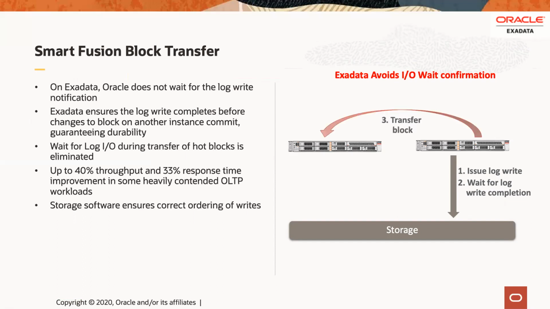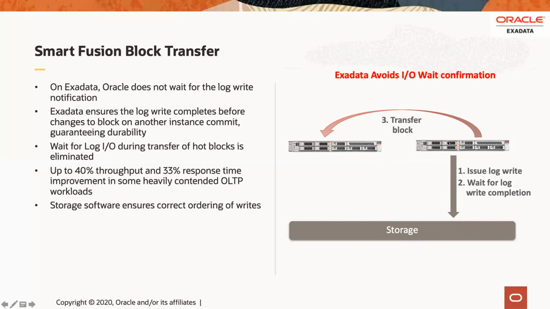What we do in Exadata is transfer the block to the remote side, in case the remote side needs it, without waiting for the IO completion acknowledgement to come through. This is not possible on a generic system, but it's only possible on Exadata for a specific reason: on the storage side in Exadata, we have the cell software which understands blocks.